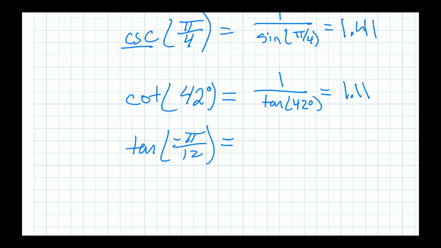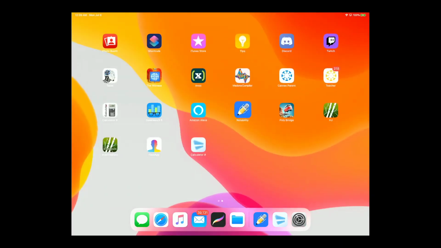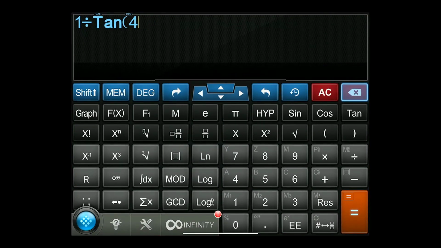All right, last one. Tangent negative pi over 12. What do we do for that one? Nothing, right? That doesn't need anything special. We've got buttons for that. So you don't need anything special there.